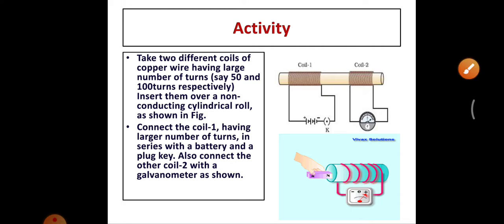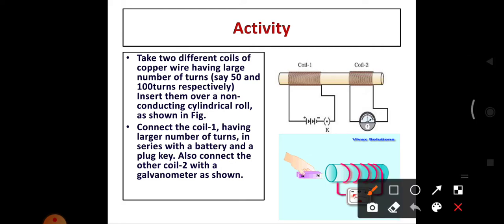For doing this activity, you have to take two different coils of copper wire having a large number of turns, 100 and 50, and insert them over a non-conducting cylindrical roll.